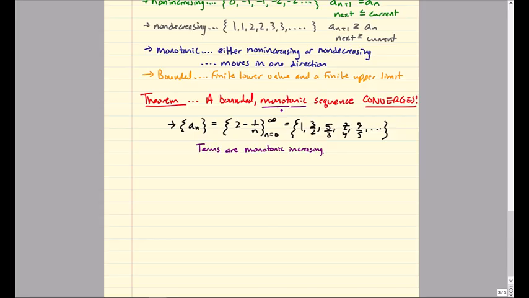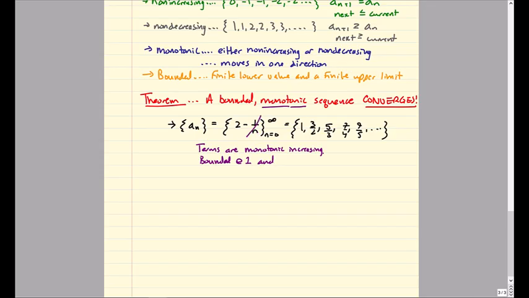Well, it's bounded below by 1. So it's bounded at 1. And what's going on up here on the right? Well, if I took the limit here, the limit as n approaches infinity would be rewritten as the limit as x approaches infinity of 2 minus 1 over x.